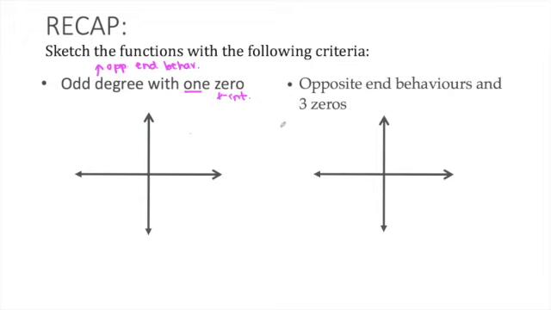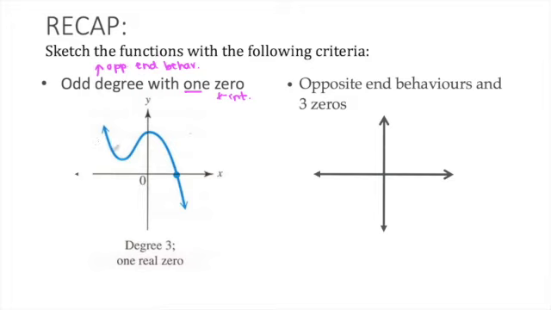Honestly, this could have so many different examples, so I'm just going to put an example up on the screen. Here's one that is degree 3 with 1 real zero. There's your x-intercept. And then you know that it's an odd degree because of your opposite end behaviors. It could have also gone the opposite way. You could have finished pointing up to the right. It's up to you, okay, as long as you just draw with one x-intercept.